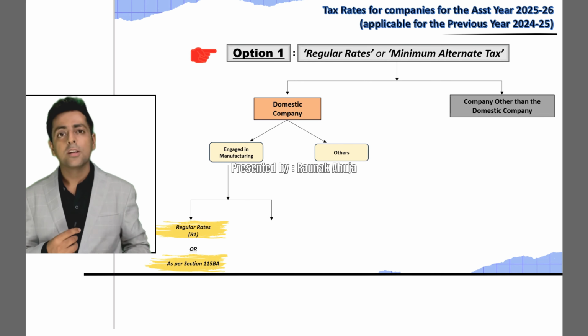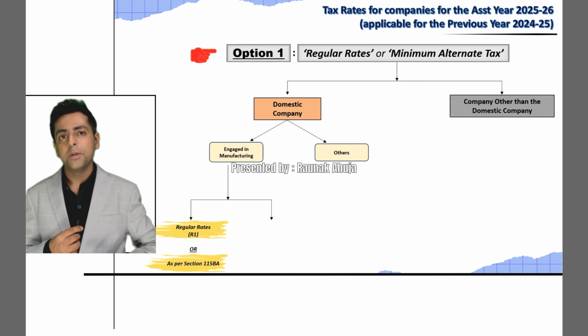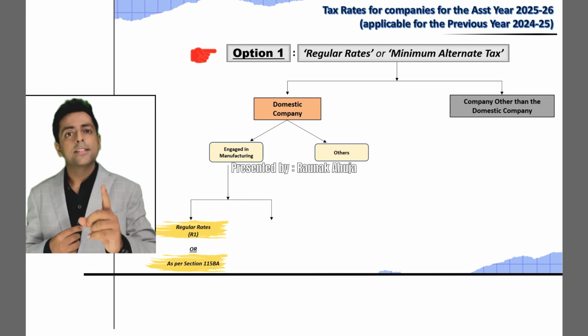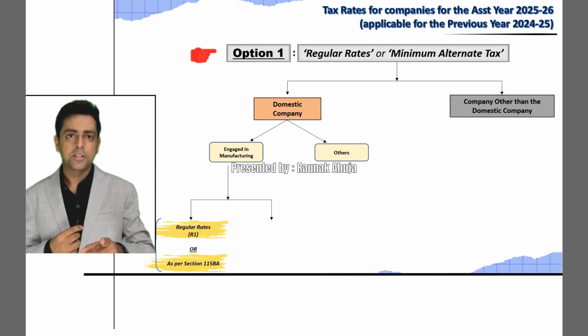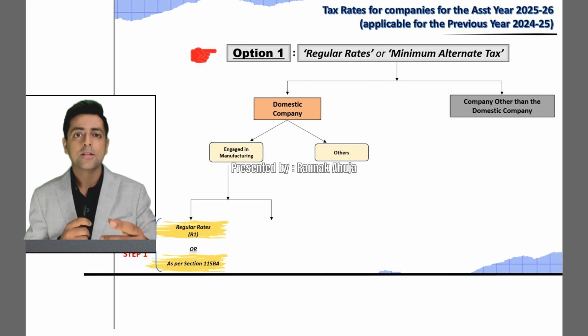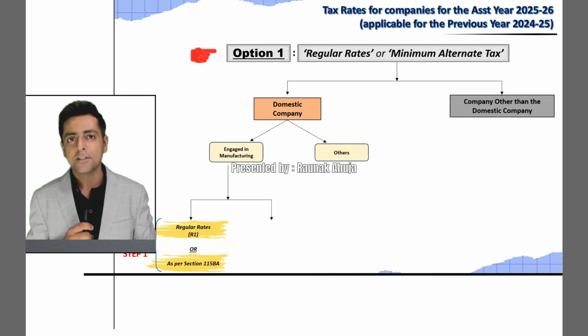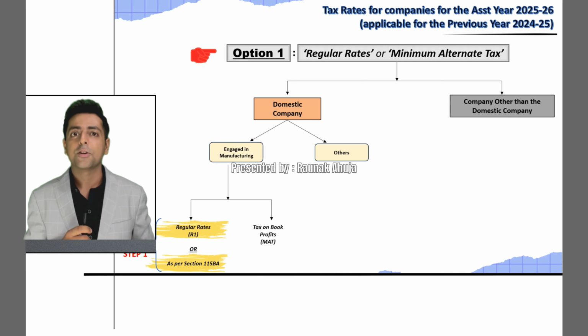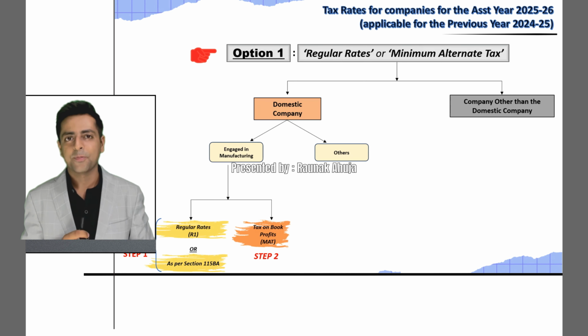Further, please note, section 115BA can be opted for only if the conditions therein are satisfied. We'll be discussing it later on. So this is the first step to calculation of taxes for domestic companies engaged in manufacturing. The second step is calculation of taxes as per the MAT provision, which means taxes on the book profits.